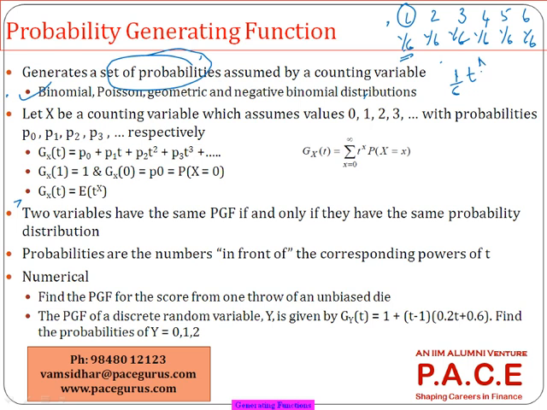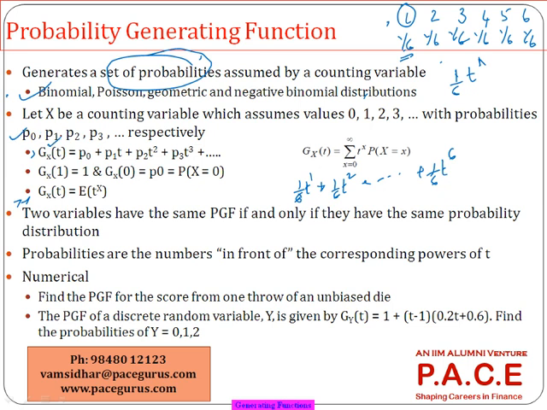So what you are doing is 1 by 6 t power 1 plus 1 by 6 t power 2, and so on, plus 1 by 6 t power 6. This is your probability generating function for this particular distribution.